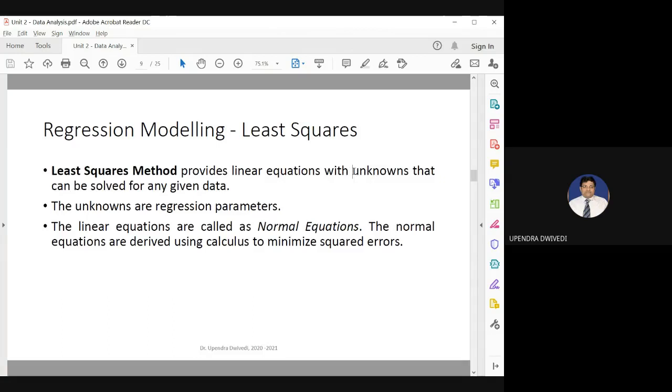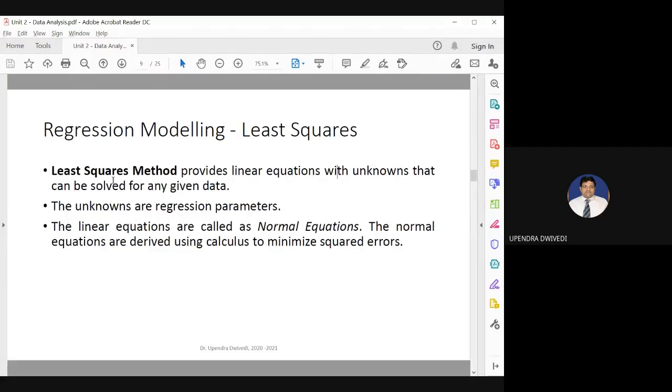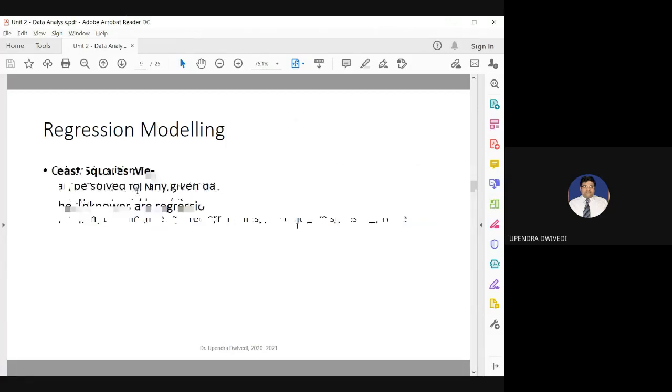You are not aware of how they are going to affect the square, so you can take unknown numbers and solve for them with the given data. These unknowns are called the regression parameters, and the linear equations are called the normal equations. The normal equation uses calculus to minimize the square. These are the introduction to the least square method, and we'll also discuss it with an example in the upcoming session.